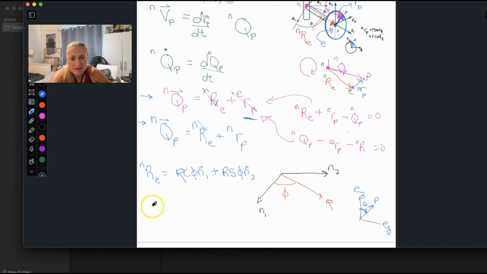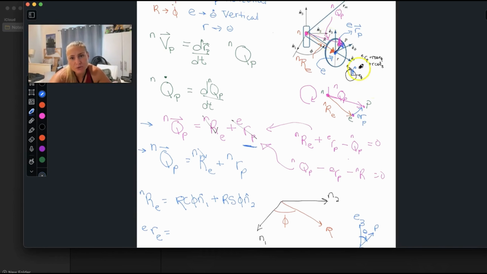So I think I would still represent little e in E first, just because it's not as easy to view. Because right, that's in the vertical plane. So if I moved this over, it would be between N3 and N2. And yeah, that one's a little harder for me to see. So I think I'm going to just represent it here, and I'm going to have that this is little r.